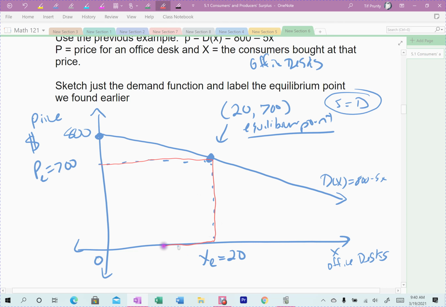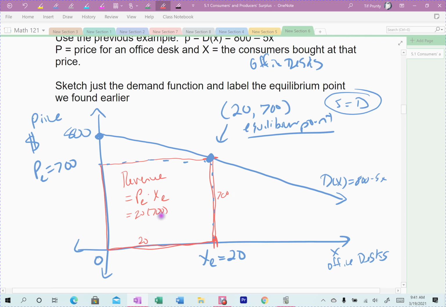This box represents the revenue, which is price at equilibrium times quantity at equilibrium, right? That's the area of a rectangle, length times width. Well, length would be 20, right? This distance is 20, and width would be 700, right? This is 20, and this is 700.